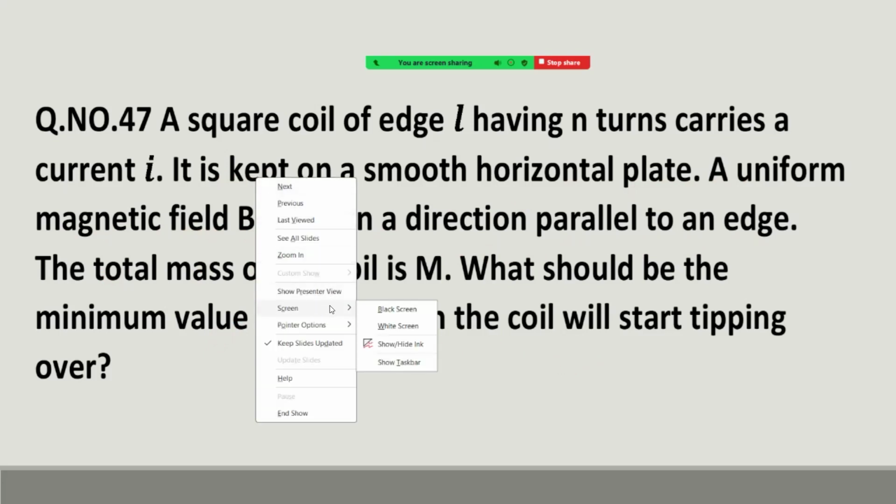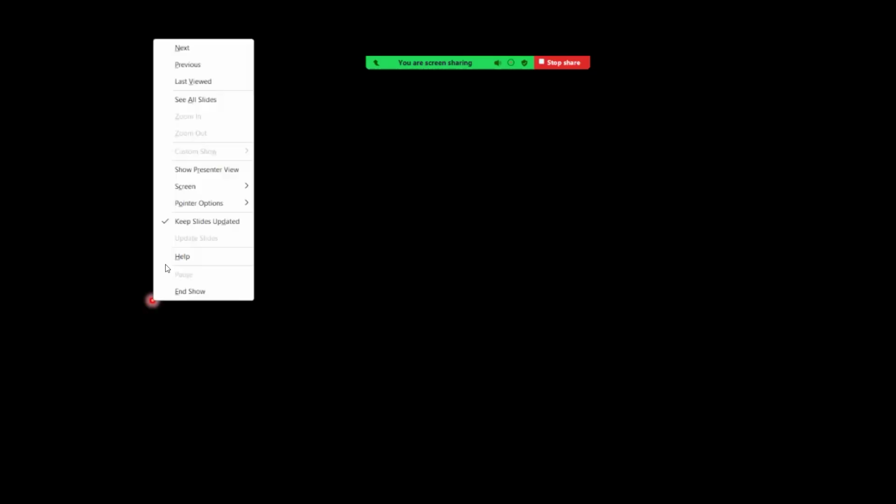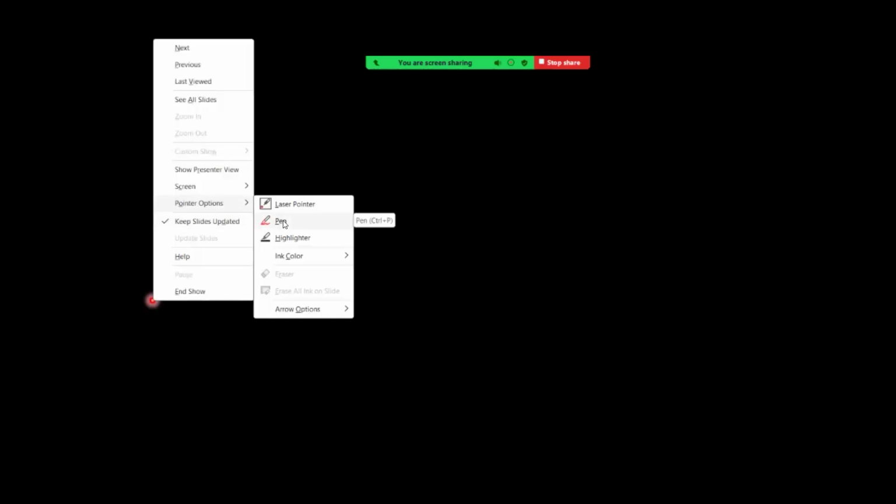See how to start. Let us make a diagram. There is a square coil. So this is now a square coil placed on a surface. See the question once.